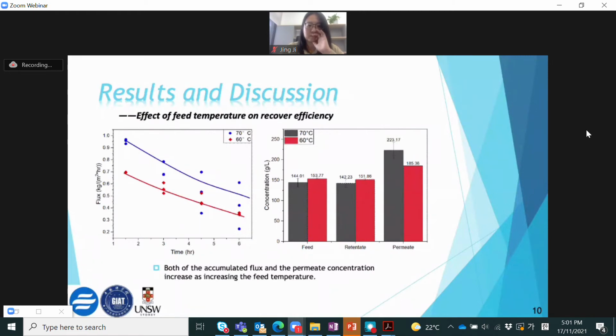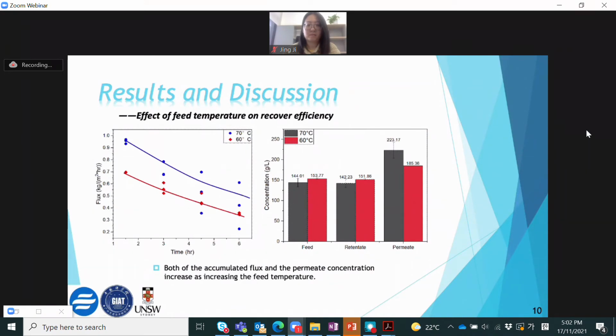And this could be attributed to two reasons. One is the mass transfer coefficient of the molecules, and the other is the absorption of molecules into the membrane. According to the literature, the effect of increasing temperature is positive on diffusion but negative on absorption.